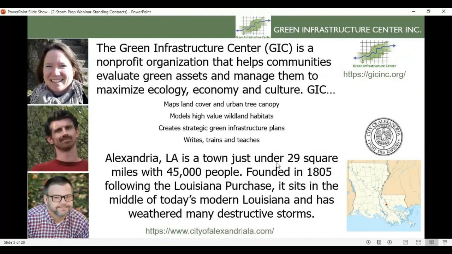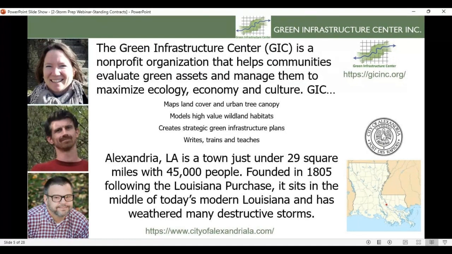Thank you, Karen. So the Green Infrastructure Center, we are a nonprofit organization. We help communities evaluate and map their green assets, like their urban forest resources and their tree canopy, to really maximize the ecological, economic, and cultural values.